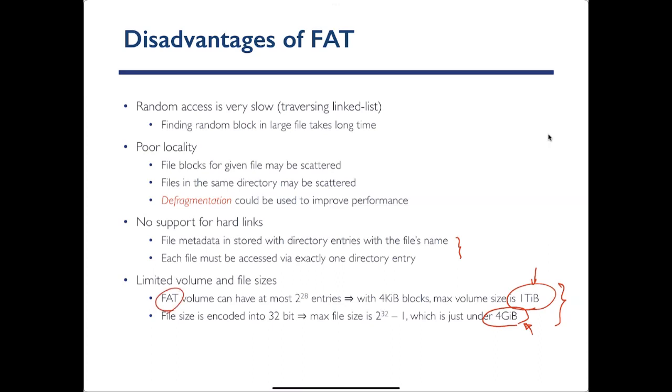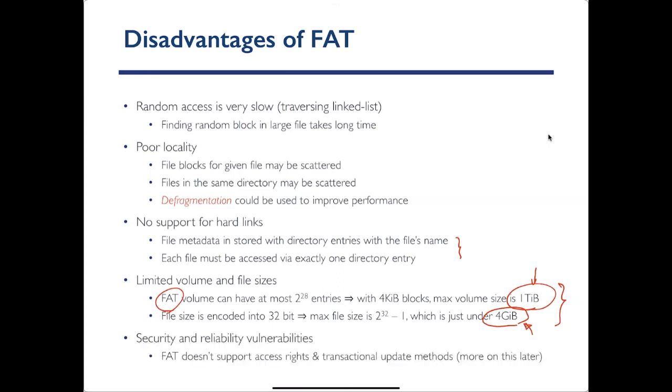There are other extensions to FAT that would try to address some of these issues, so you could potentially use those. And finally, security and reliability was bad. There was lack of support for access rights, and also the reliability of the file system.